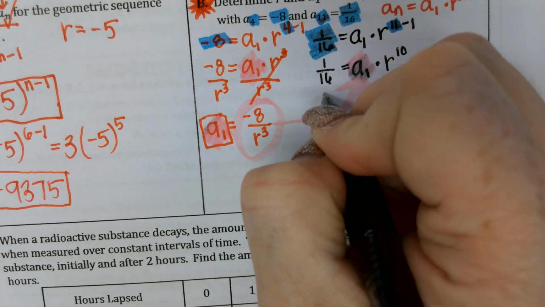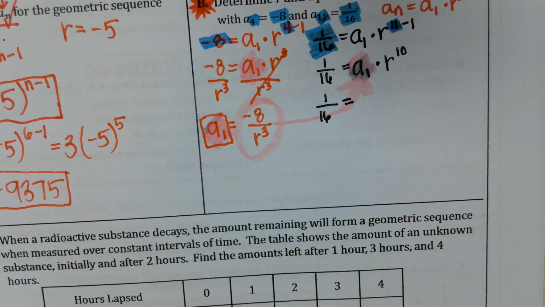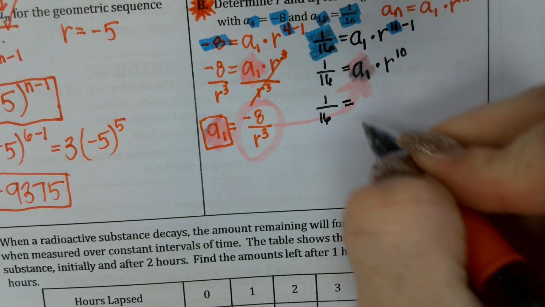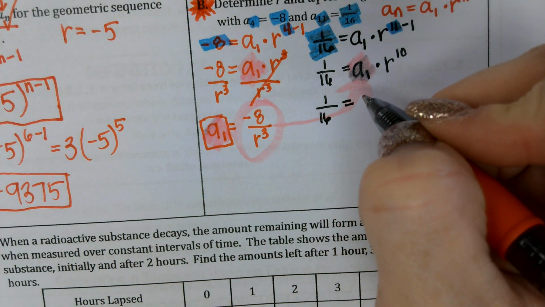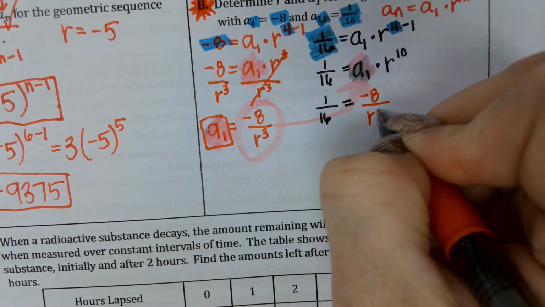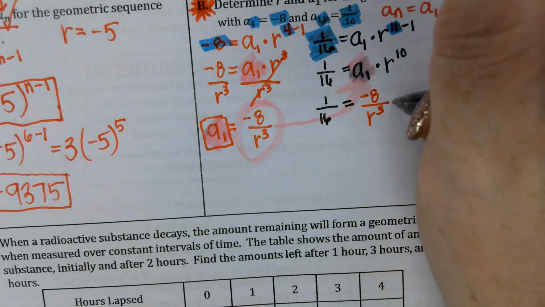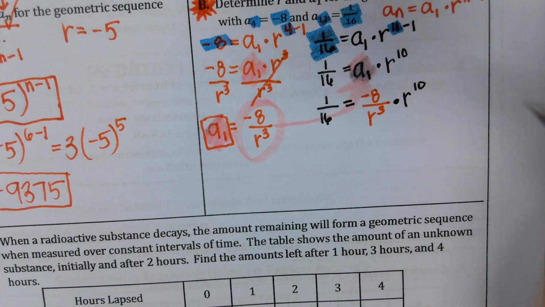Okay, so right here, 1/16 is equal to negative 8 over R cubed times R to the 10th.